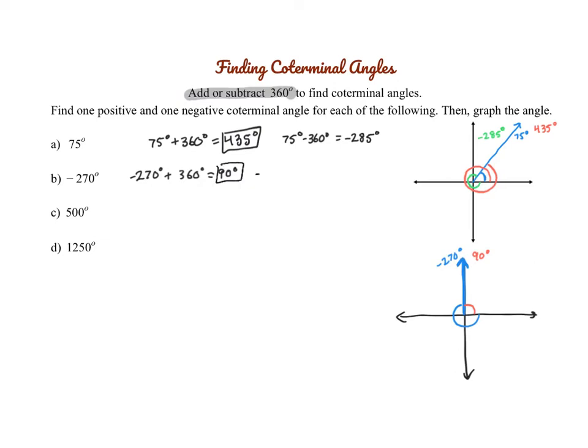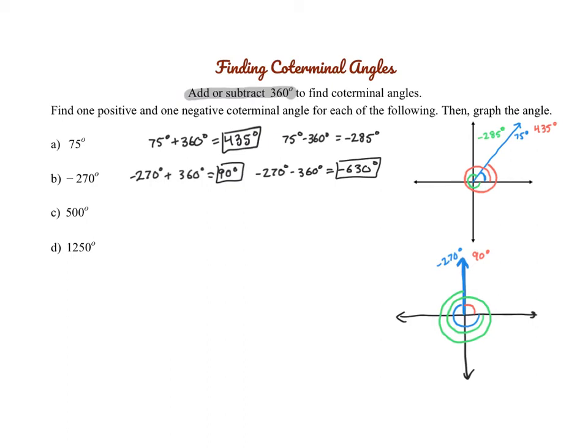So we can take our original angle, negative 270, and we're going to subtract 360. And we get negative 630. Again, it falls in the same location. We can show this by doing that full rotation. So I'm going to go all the way around, and then go around again like this. So we did a full negative rotation and then another one.